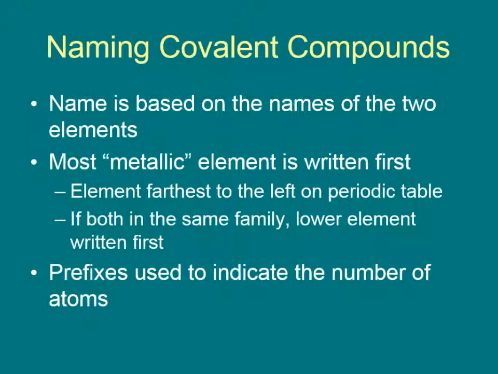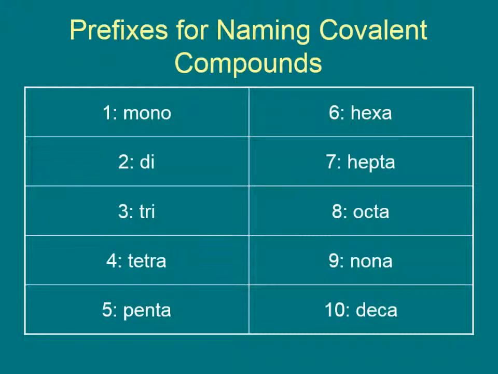And the prefixes look like this table right here. Looking at this table, most of these you're pretty familiar with. You know that mono is 1 and di is 2, and you've heard of an octopus before. So I think you're probably familiar with these.